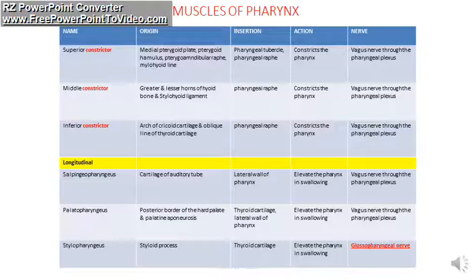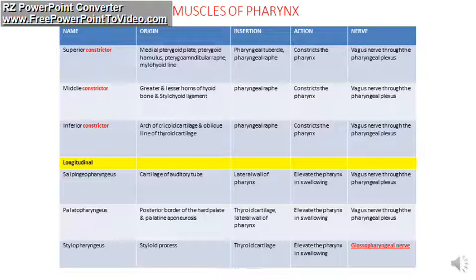While the middle constrictor muscle originates from the greater and lesser horn of the hyoid bone and the stylohyoid ligament, while the inferior constrictor muscle originates from the arch of the cricoid cartilage and the oblique line of the thyroid cartilage.